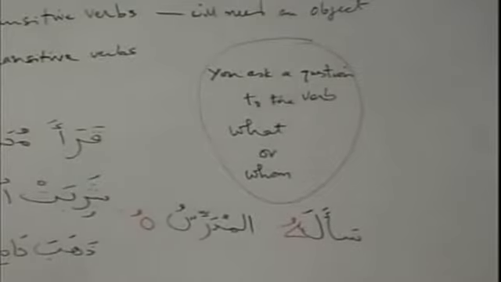I say sa'alahum al-mudarrisu. The teacher asked them. So what is hum? Maf'ulun bihi. Then sa'alaha al-mudarrisu. The teacher asked her. Then sa'alahuma al-mudarrisu, now this is for feminine. So the teacher asked the two, okay.